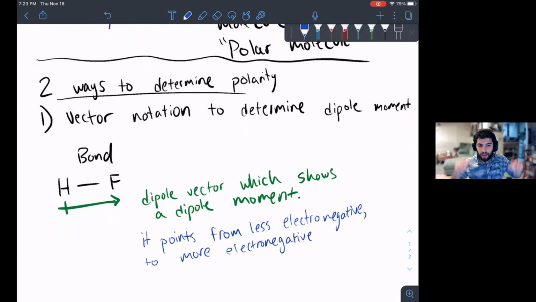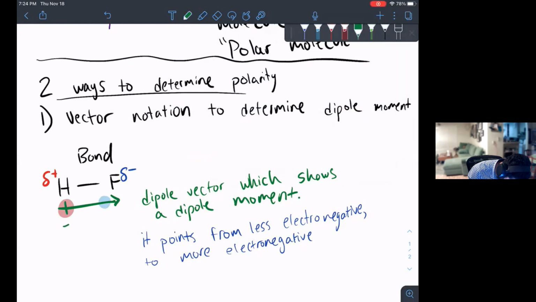And one easy way to see that is the more electronegative it is, the more negative it is going to be overall. So over here, we know our fluorine is going to be negative, our hydrogen is going to be positive. And if we take a brief look at our dipole, the back end looks kind of like a plus sign, like a positive, and the front end looks like a minus sign, the negative. That's an easy way to always see it.